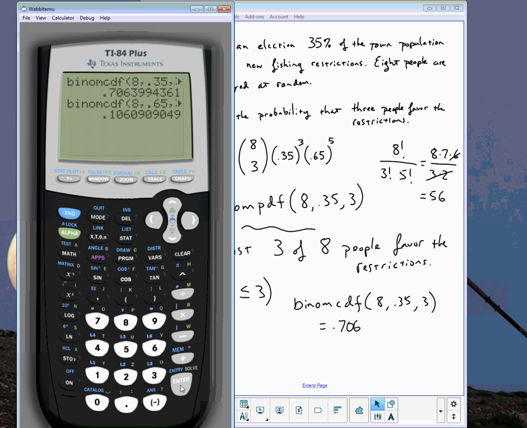No, it's the other end of the curve. You see, 1 minus the original number would be at least 4. But if I'm saying at most 3 don't want it, then instead of saying a success is 0.35, it would be 0.65, because I'm changing what success means. Now this is correct.